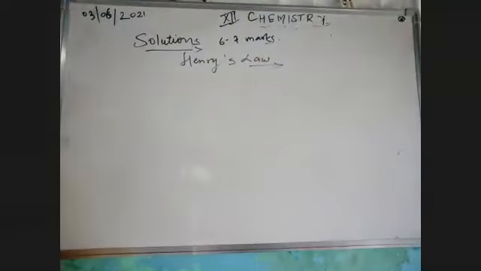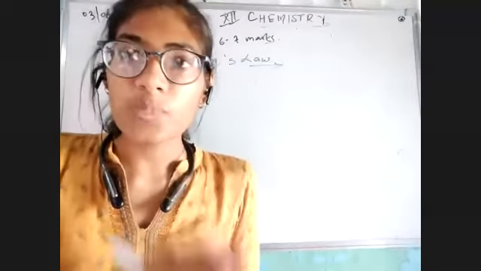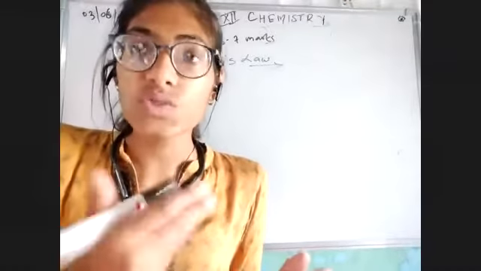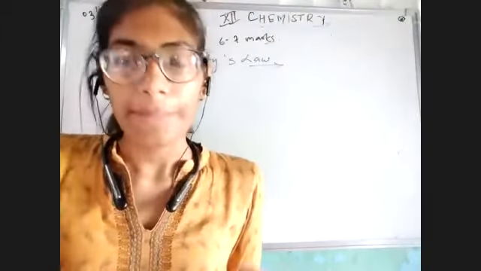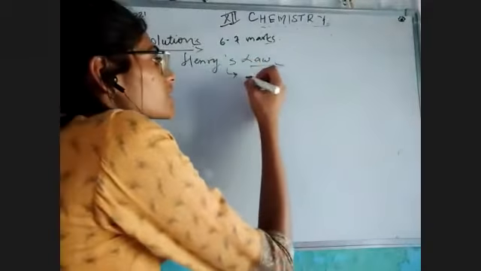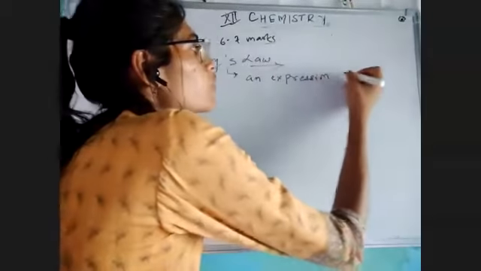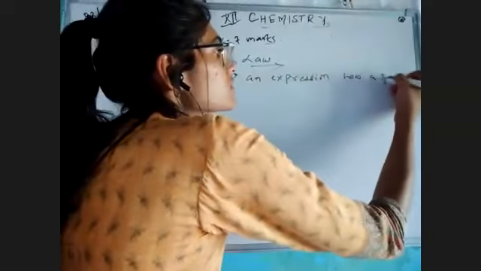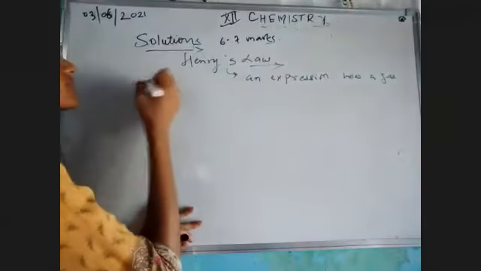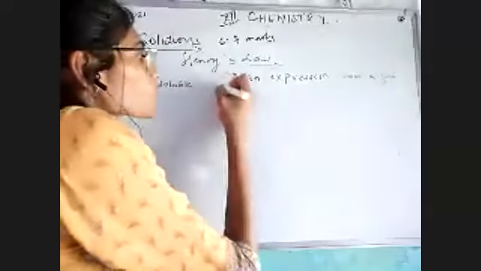Actually, Henry was a scientist who told us about solubility. He expressed how a gas is soluble in a liquid. I'm again repeating: Henry gave us an expression of how a gas is soluble in liquid.